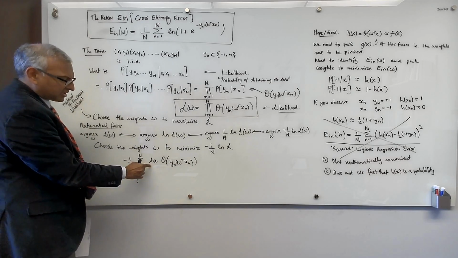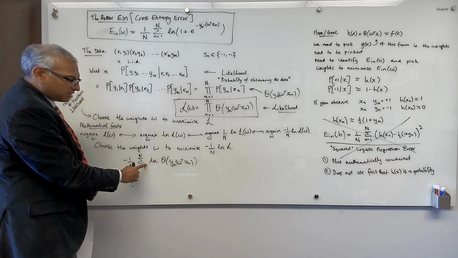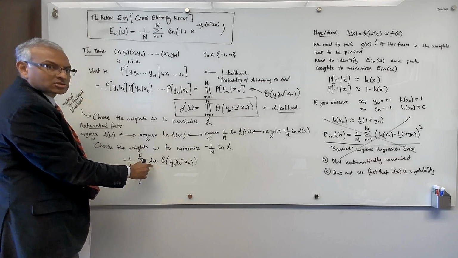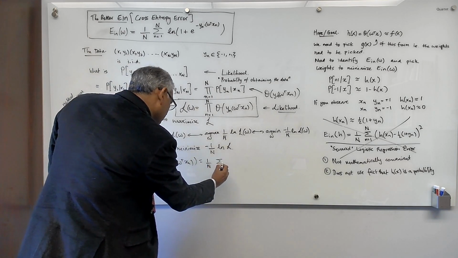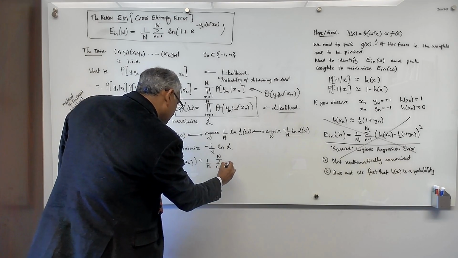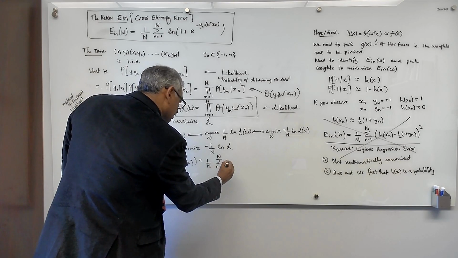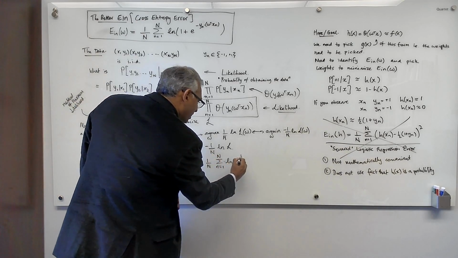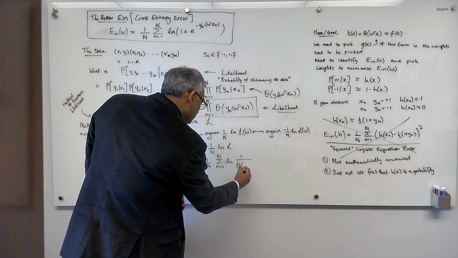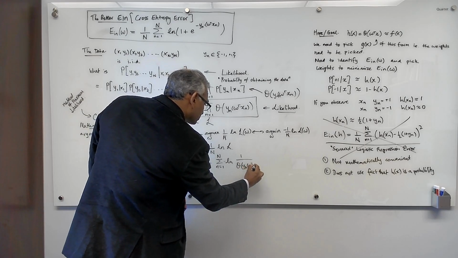Now we can take this minus sign inside the sum, and minus log of something is the same as log of 1 over something. So this is equal to 1 over n, the sum from n equals 1 to big N of the log of 1 over theta of yn w transpose xn.